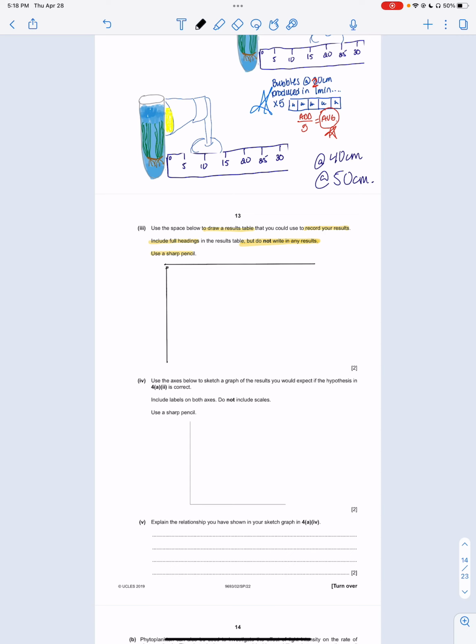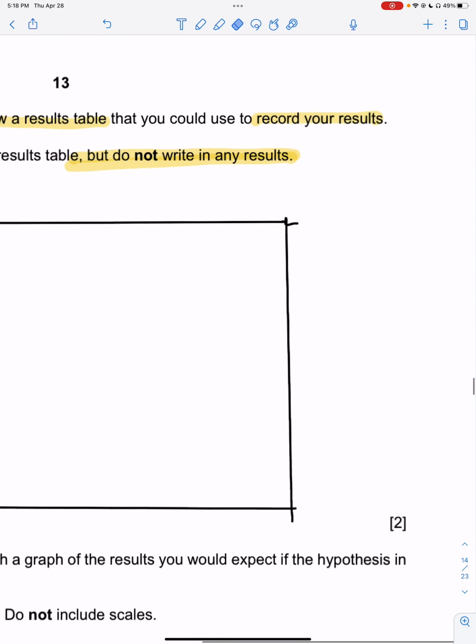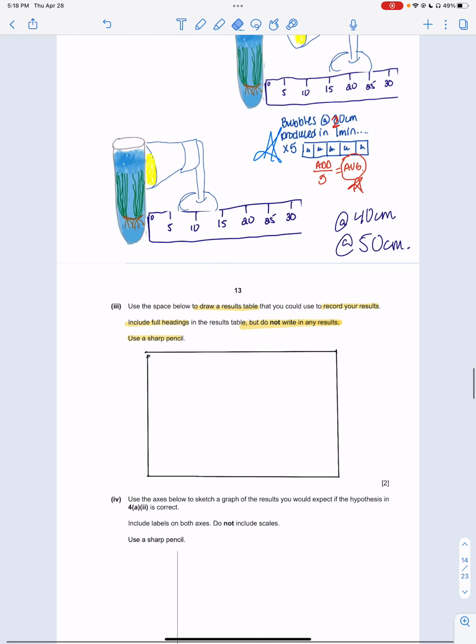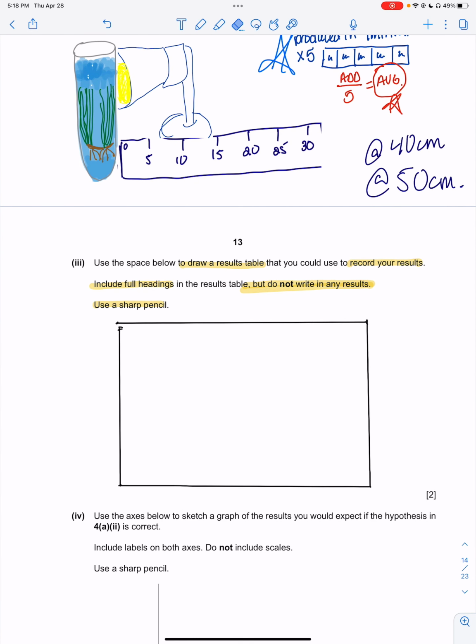It's not anything you would lose marks on because I really just want to be able to fit in my table headings comfortably. And across.